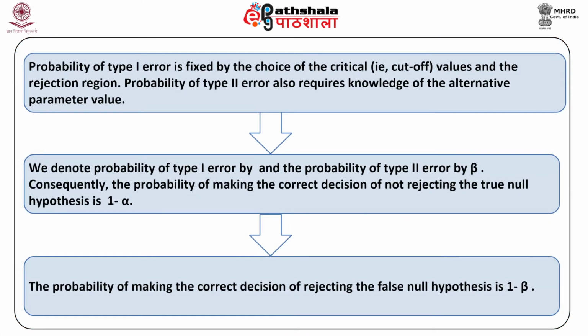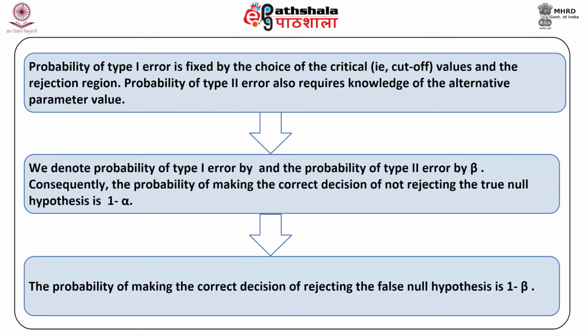So, the probability of type 1 error is fixed by the choice of the critical, that is the cutoff values, and the rejection region. The probability of type 2 error also requires knowledge of the alternative parameter value. We denote the probability of type 1 error by alpha and the probability of type 2 error by beta, as I said earlier also.